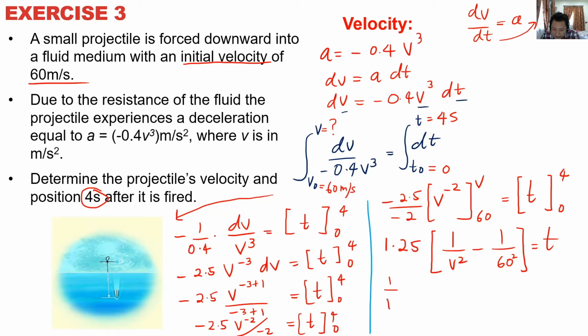So 1 over v squared is equivalent to t over 1.25 plus 1 over 60 squared. How does this look? Is it easier to solve? Okay, now let's plug it in: 4 over 1.25 plus 1 over 60 squared. And then maybe we can solve.